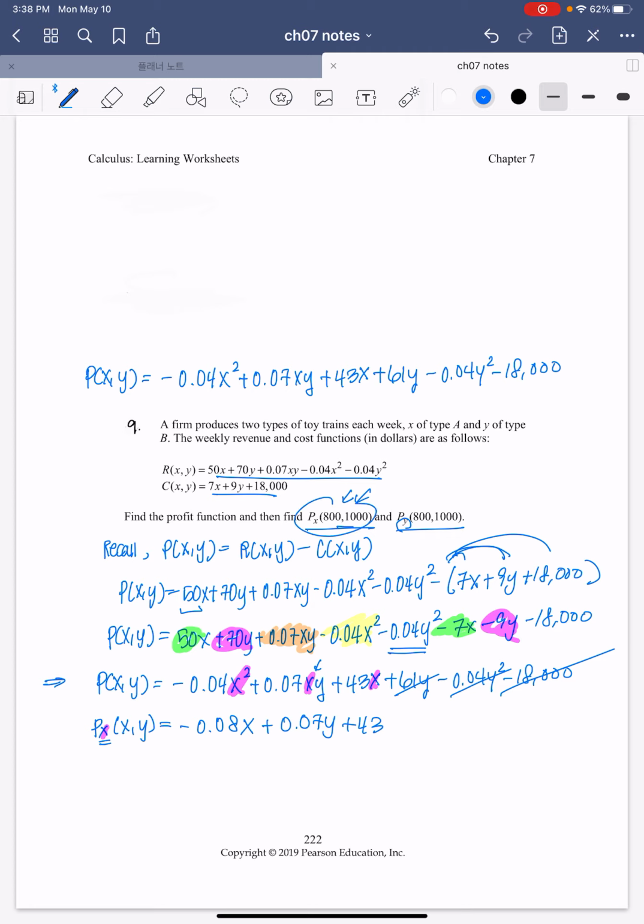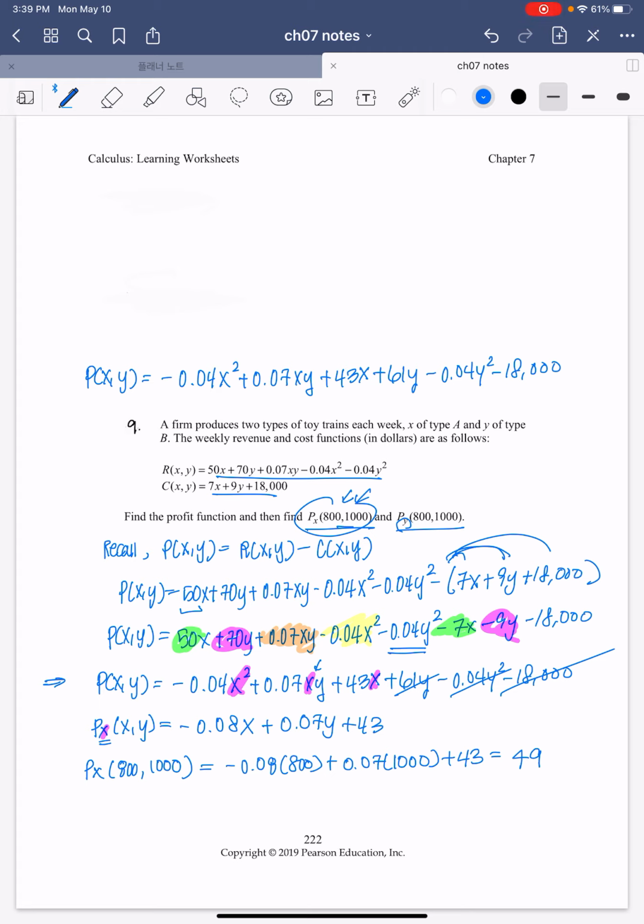So let's plug it in with 800 for x and then 1000 for y. So negative 0.08 times 800, plus 0.07 times 1000 plus 43. Plug it into the calculator. I got 49 as our profit.